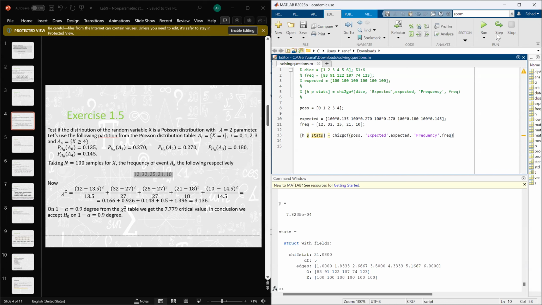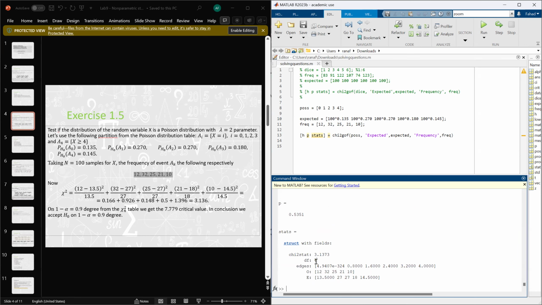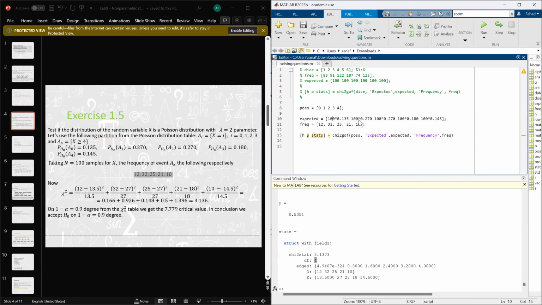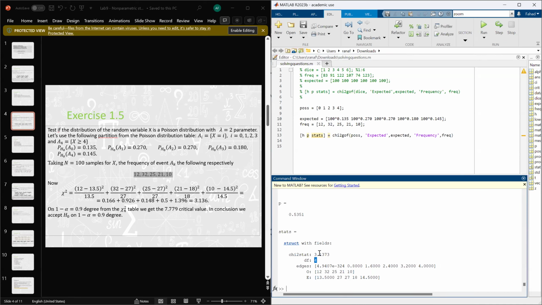Yeah, that was the old result, I haven't run this. Okay. So here degrees of freedom are 4 because 0, 1, 2, 3, 4, 5 are 5 values. And as you know, degrees of freedom is n minus 1. So degrees of freedom 4.